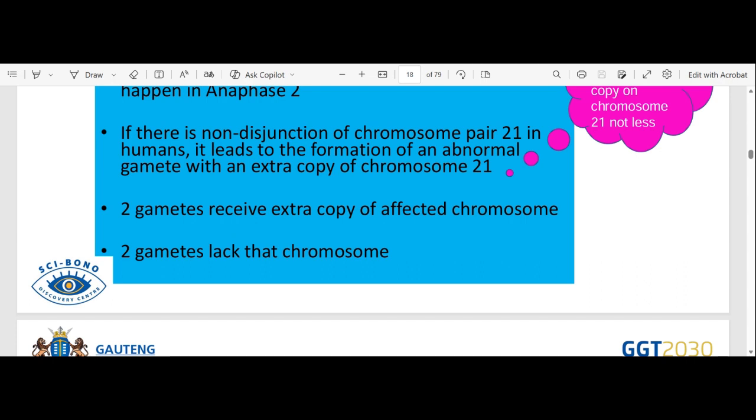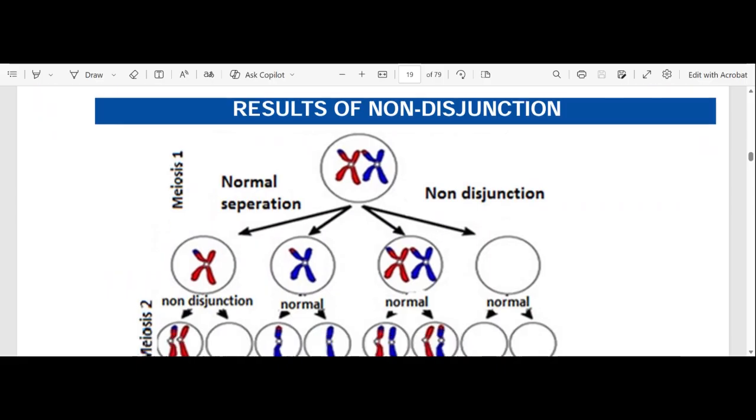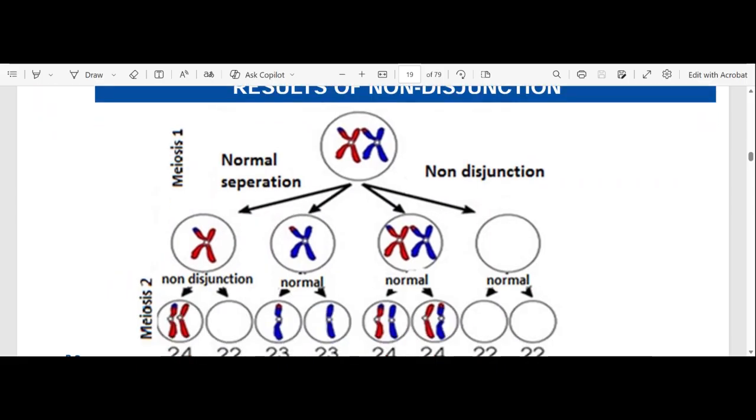When a gamete receives an extra copy, we call it trisomy. And when a gamete does not receive any chromosome, we call that monosomy. So we mean that gamete did not receive any chromosome. Okay, now let's try to demonstrate this in a diagram.